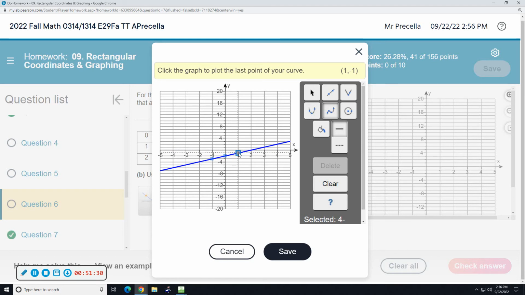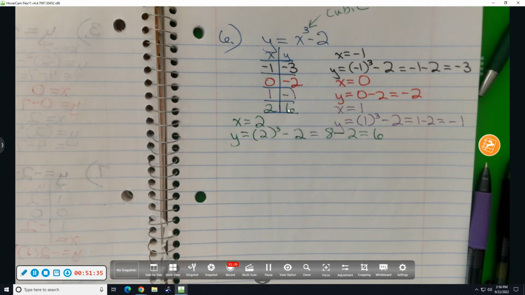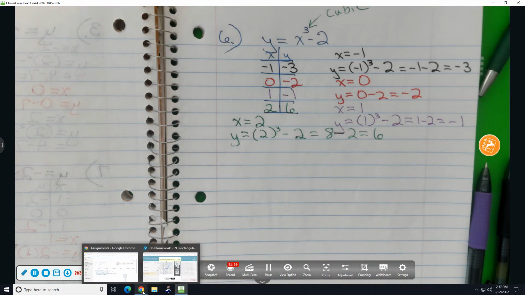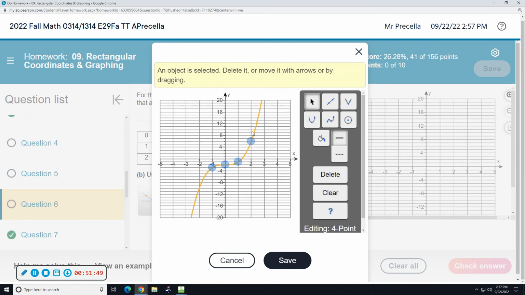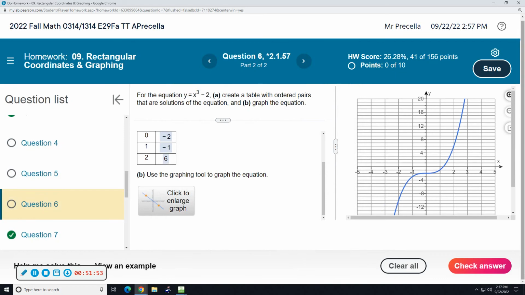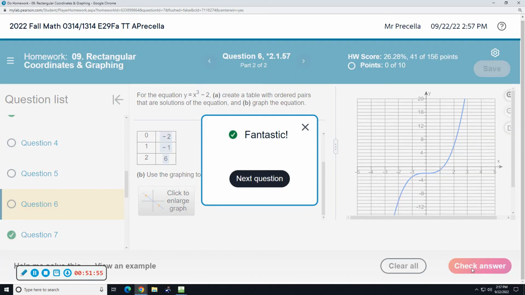But as soon as we click that fourth point, which is 2, 6, right 2, up 6. Yeah. Looking in that yellow box, I see that I'm at 2, 6. I click it. I save it. Check answer.